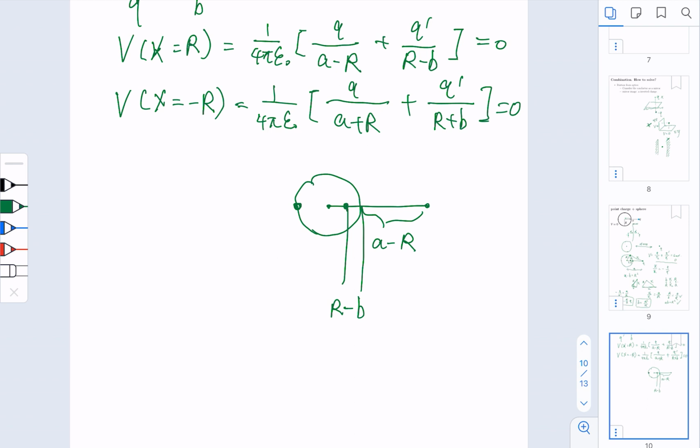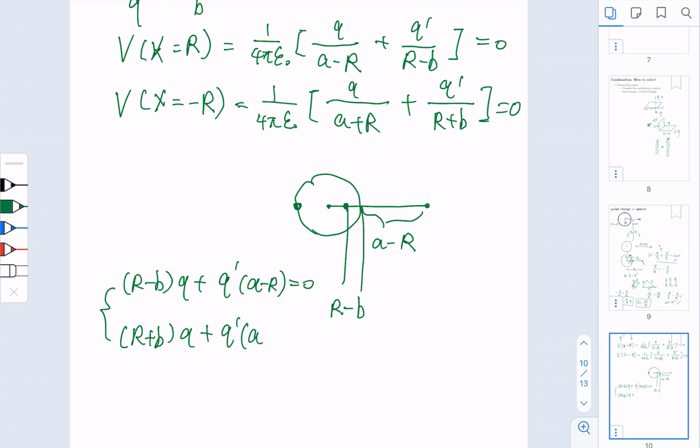So this means we multiply them to the denominator: (Q plus Q prime) times (A minus R) should be 0 for the first equation, and for the second equation it should be (R plus B) Q plus Q prime times (A plus R) equals 0.